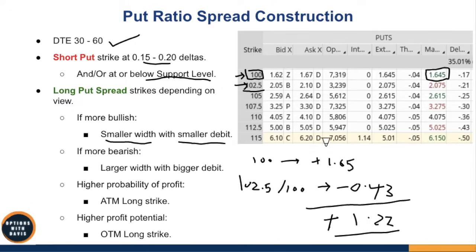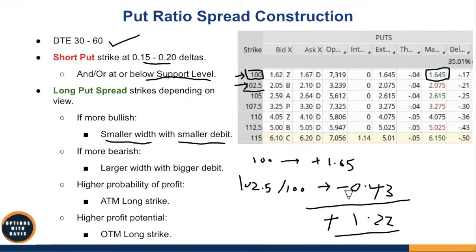Because if we were to just sell the cash secured put, or the short put by itself, we're going to be receiving $1.65. And by buying this embedded long put spread, we're going to be paying 43 cents. So the overall credit is $1.22, which is not too far off from just selling the short put.